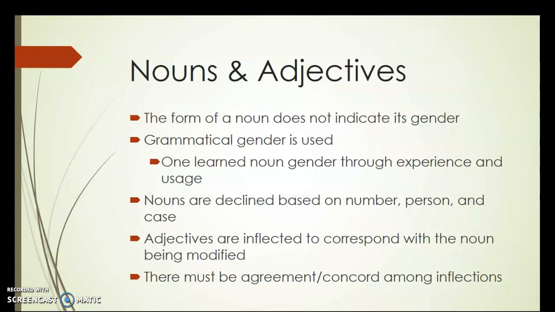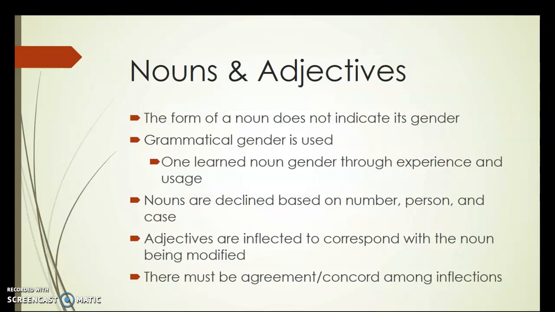Let's start with nouns and adjectives. All nouns in Old English have a grammatical gender. This is similar to modern French and Spanish, in which all nouns are designated masculine or feminine. We know a word's gender because the article appearing before it is either masculine or feminine. Similarly, in Old English, we know a noun's gender because of how the words around it are declined.